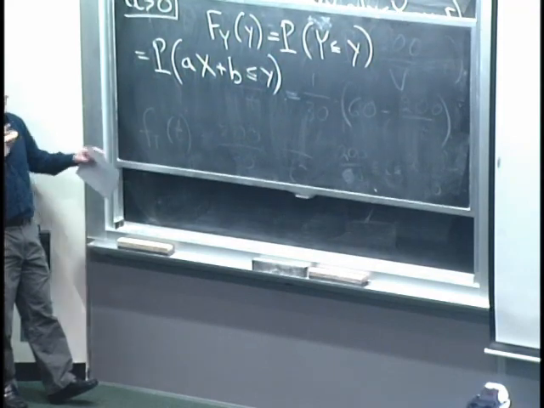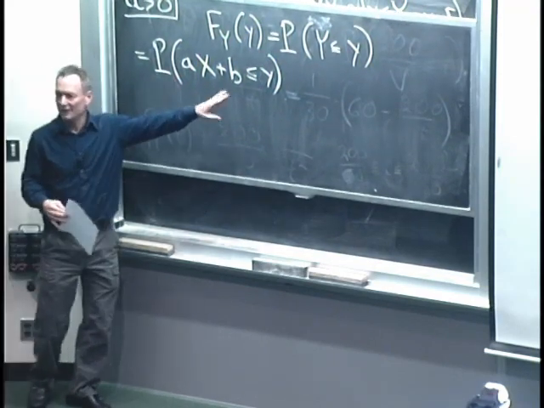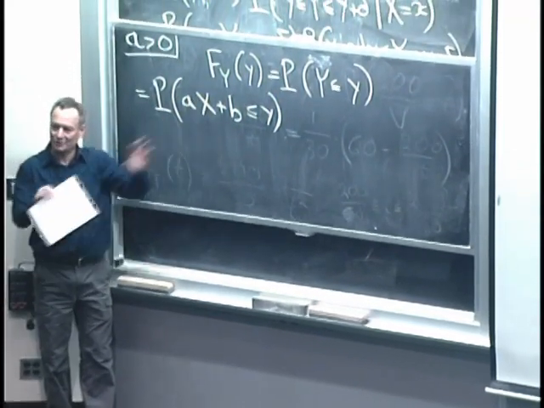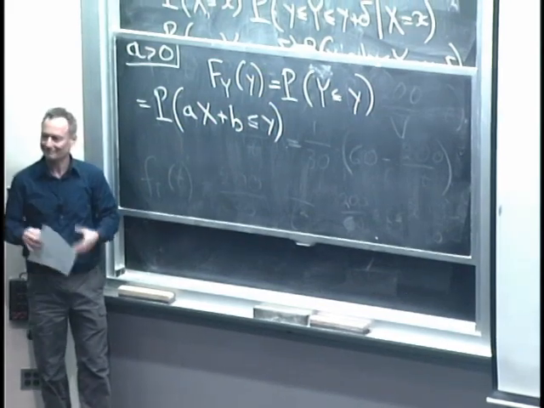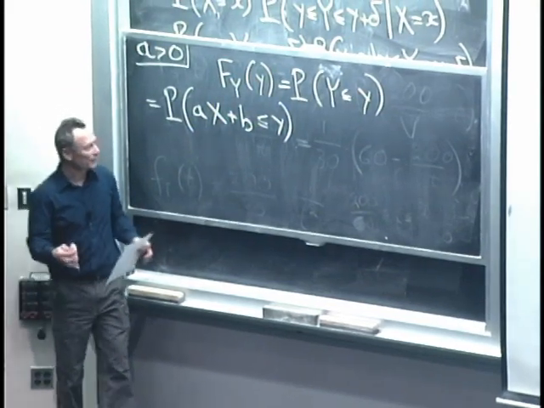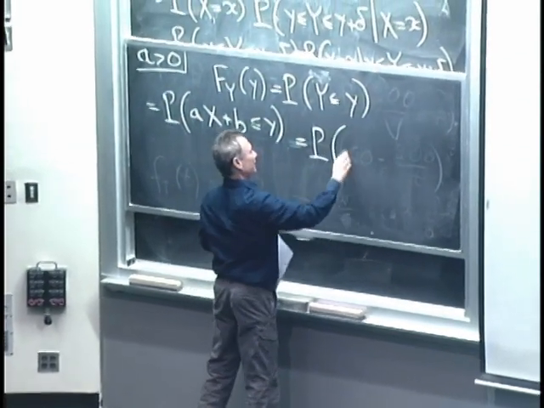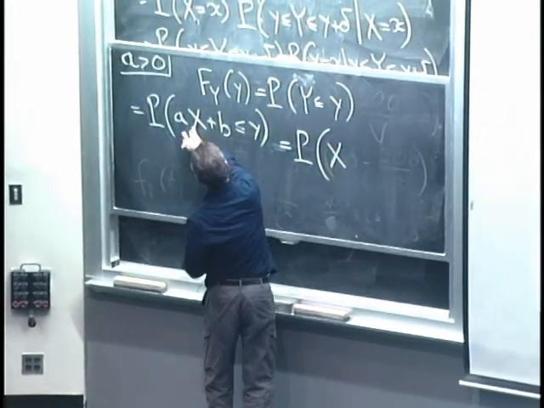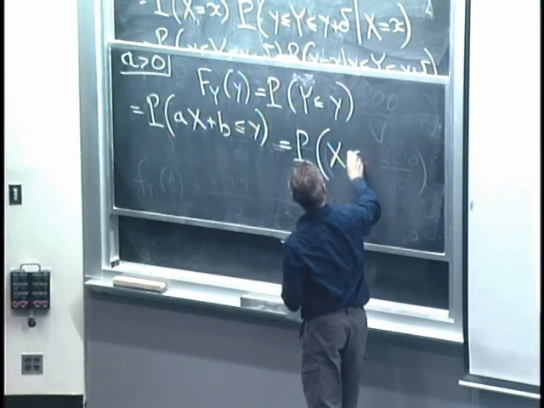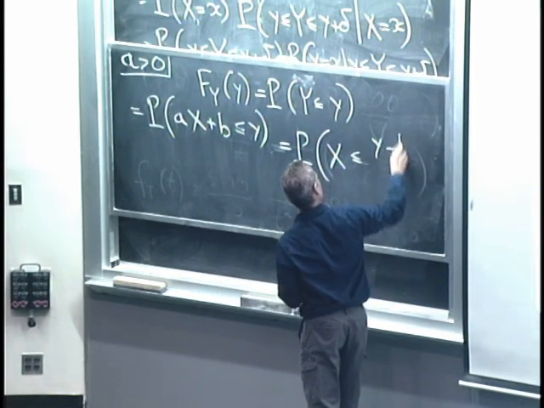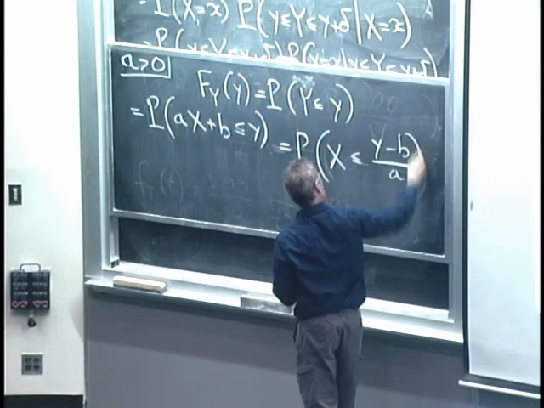And now we want to express this event in a clean form where x shows up in a straight way. So I'm going to massage that event and write it in this form. For this inequality to be true, x should be less than or equal to y minus b divided by a.